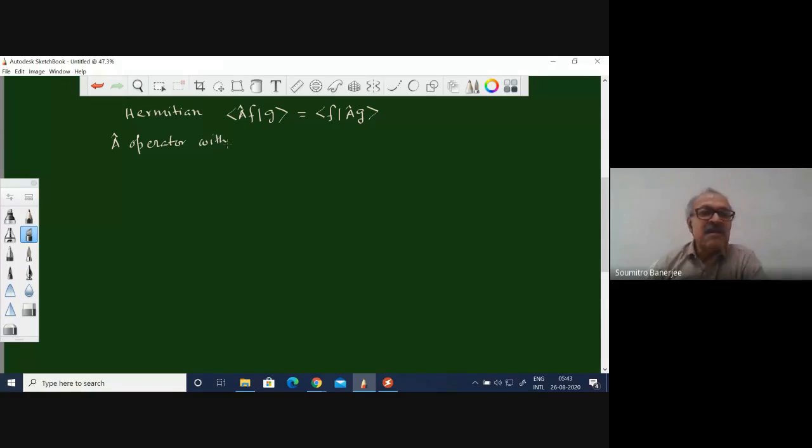Let us consider two eigenfunctions, phi i of x and phi j. I'm not using psi because psi is reserved for the eigenfunctions of a particular potential function. This is a general scenario, so I'm just writing phi i and phi j.